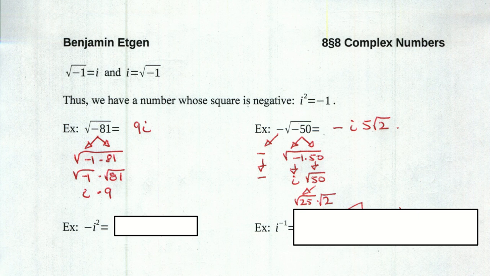Now, using this definition, we can kind of start playing with it. The first thing that we did with the definition is we squared both sides, and we saw that i squared equals -1. So now we're asking the question, what is the opposite of i squared? What happens when I change its sign? And so for that, we're going to say, well, i squared is, by definition, -1.